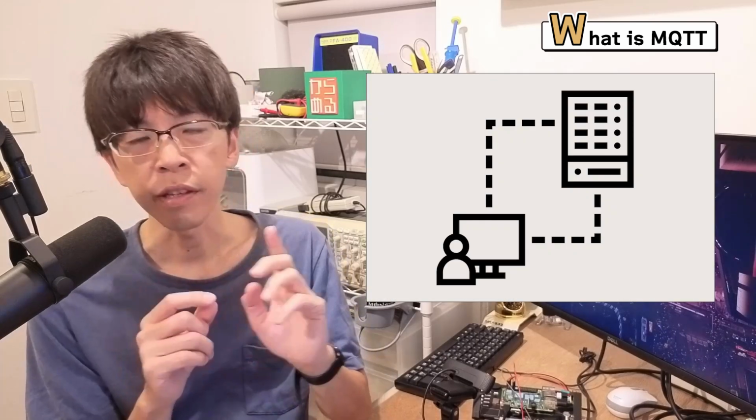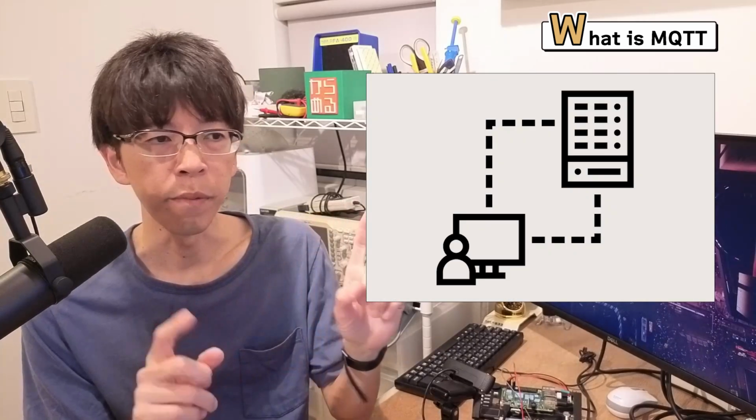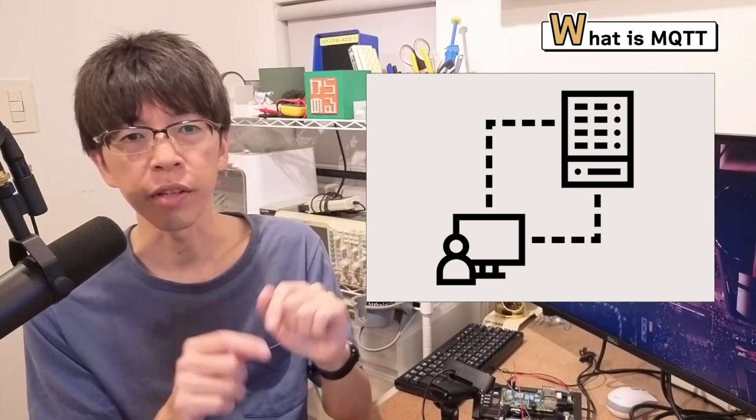One is the communication with the target. I'd like to compare the MQTT feature with HTTP, because HTTP is often picked up as a comparison with MQTT. HTTP can communicate only one versus one device. For example, HTTP is used for web browsing.